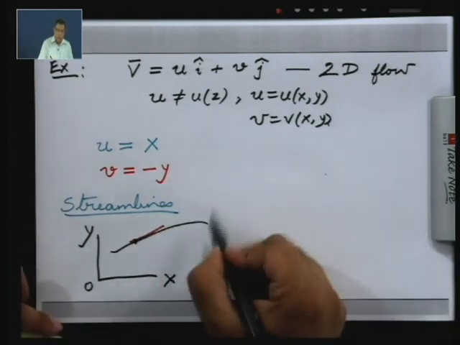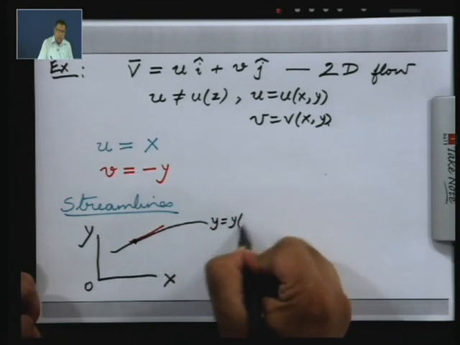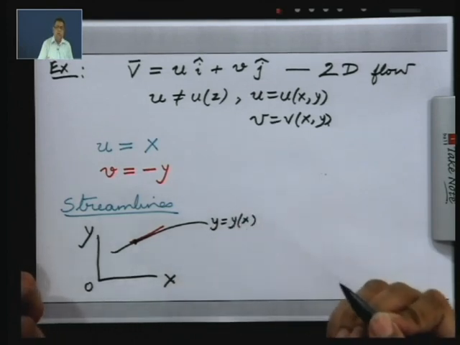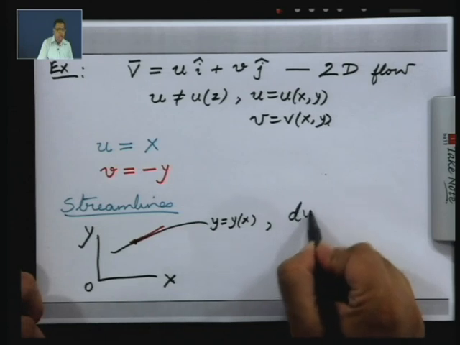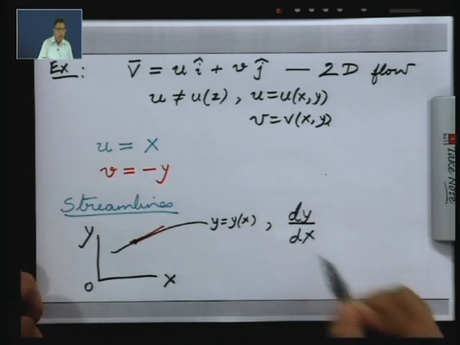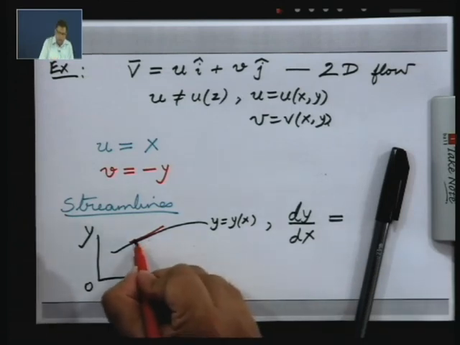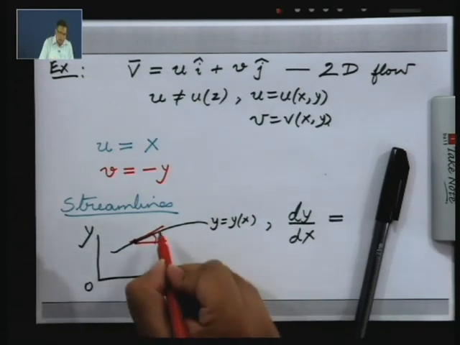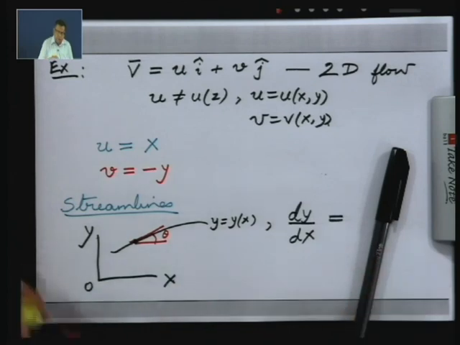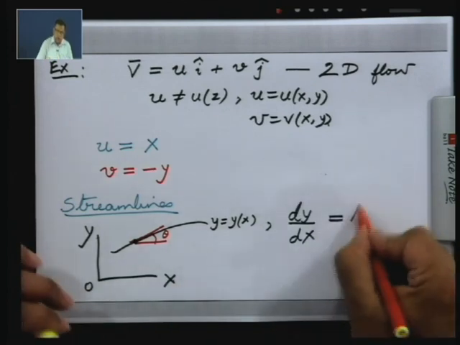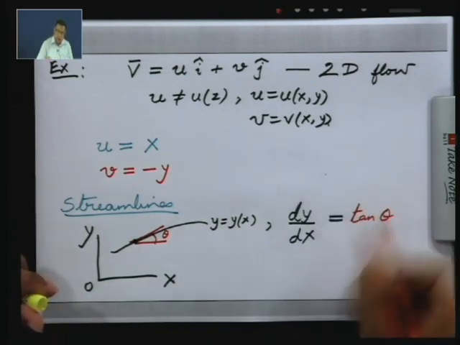Now, suppose I say the equation of the curve is y is a function of x, then the slope of the curve dy dx you know is tan of this angle. So, if I call this angle theta, it is equal to tan of theta.